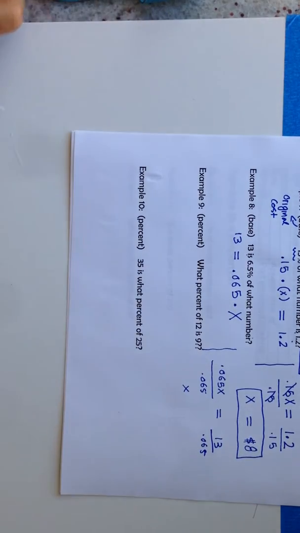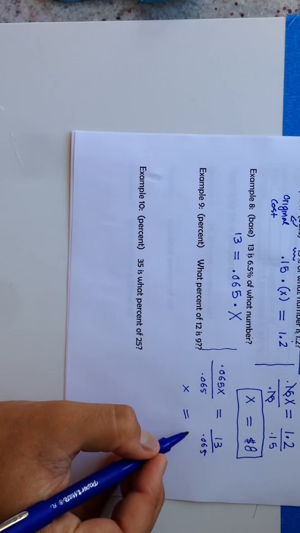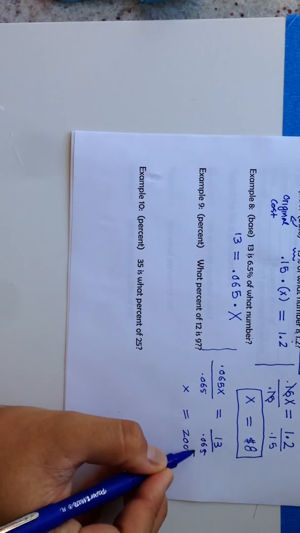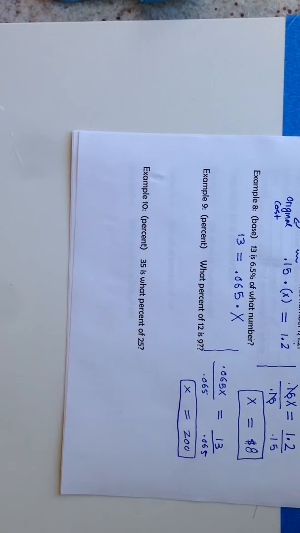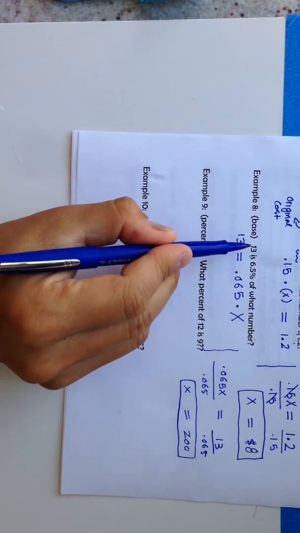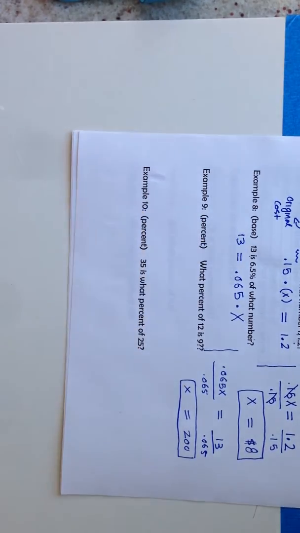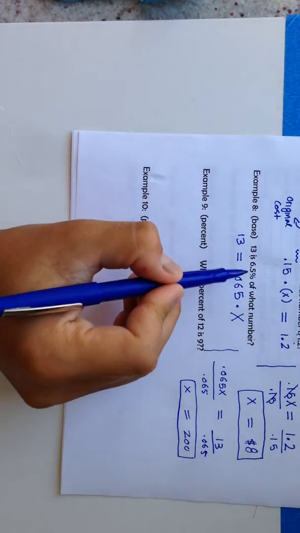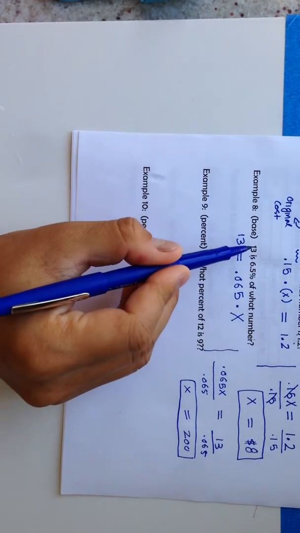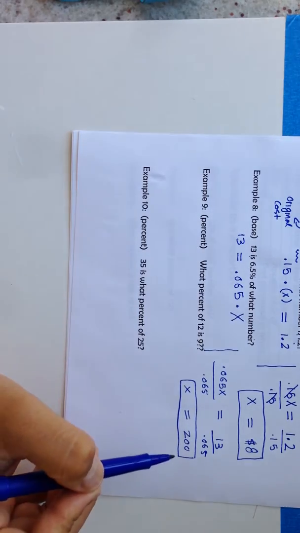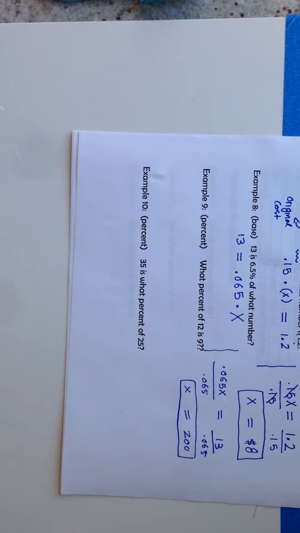That will enable you to figure out how much you spent. So in this case, it comes out to be 200. This means that you spent $200 at the mall if you save $13, and the saving percent was 6.5%.